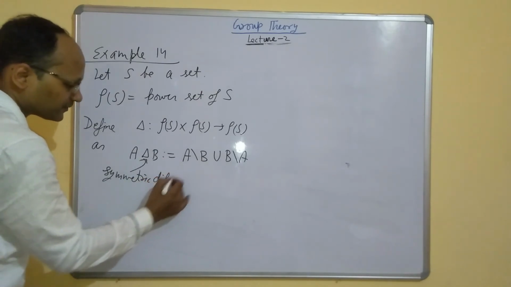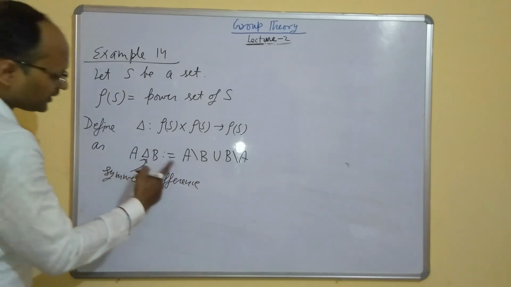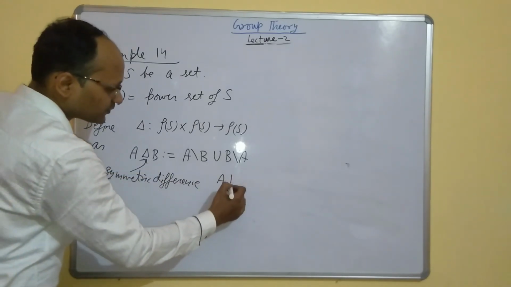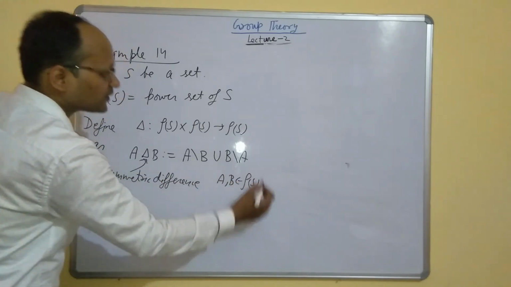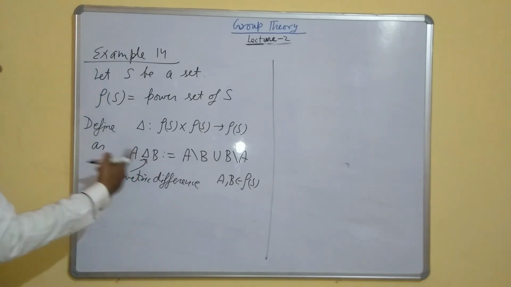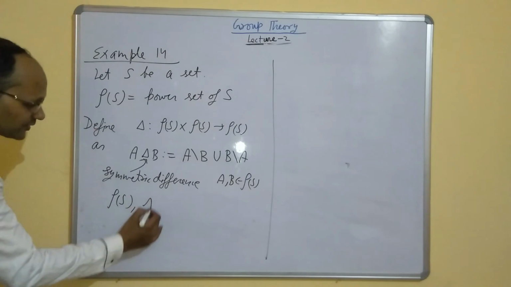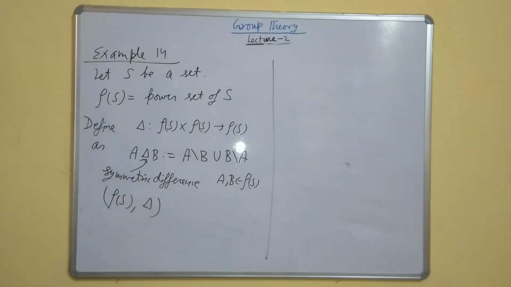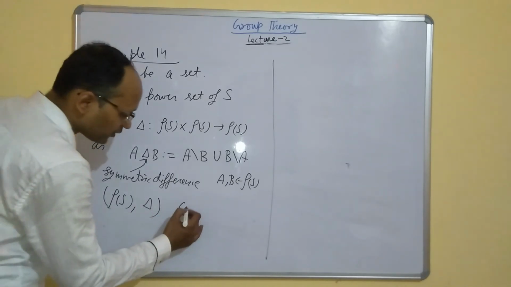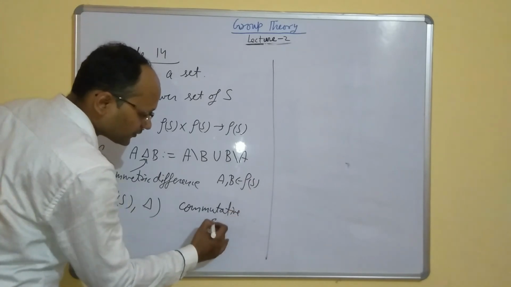Symmetric difference of these two sets, where A, B belong to P(S). And one can easily check that this P(S) with respect to this symmetric difference forms a commutative group.